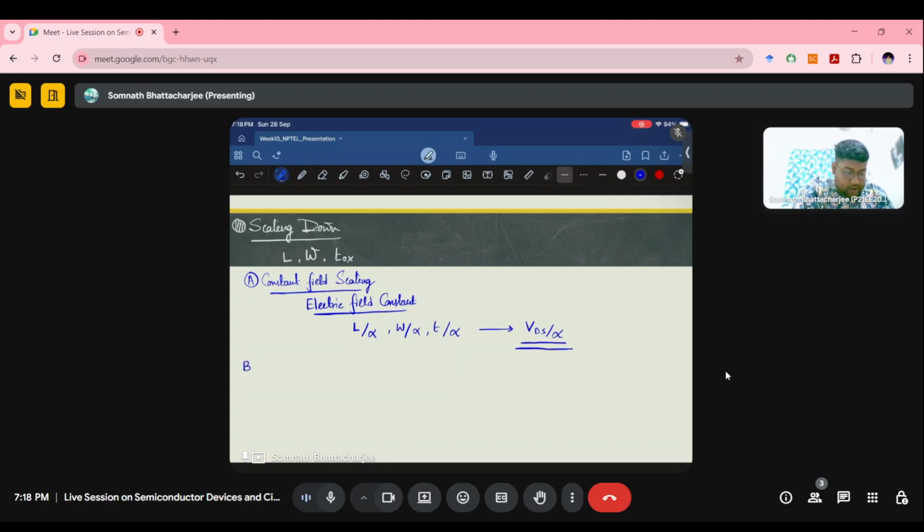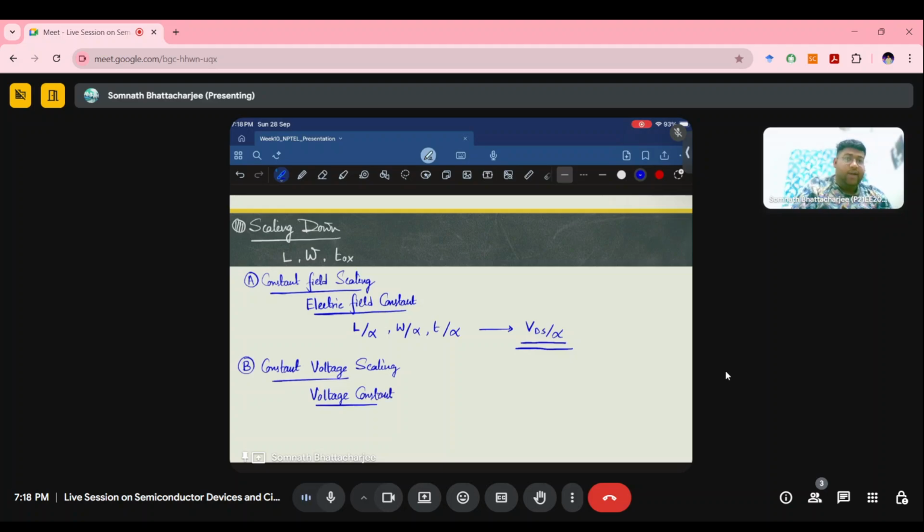Another technique is constant voltage scaling. In constant voltage scaling, we just make the voltage values constant.